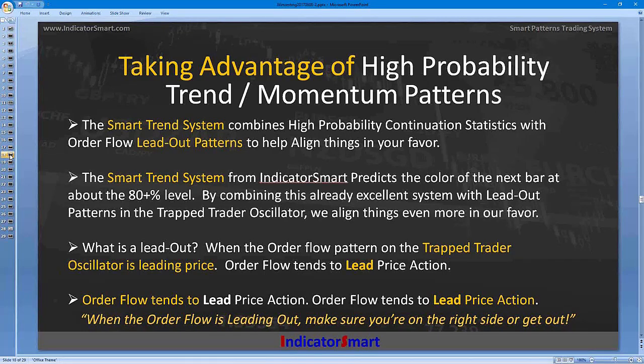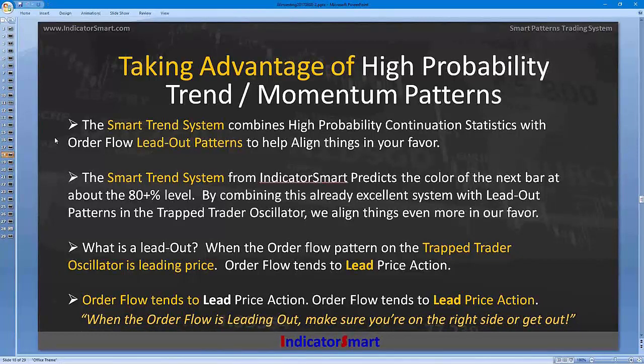I test these for persistency at above the 80% level, and that's been true forever. So it's a really good little trend system. But when you add the lead out patterns to it, that's called the Smart Breakpoint System, the chart we were just looking at.